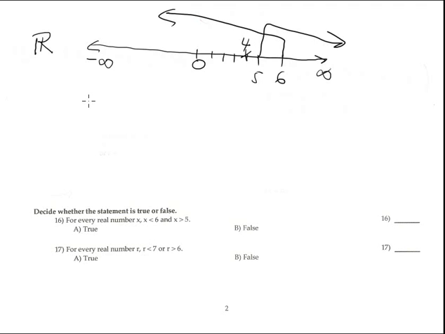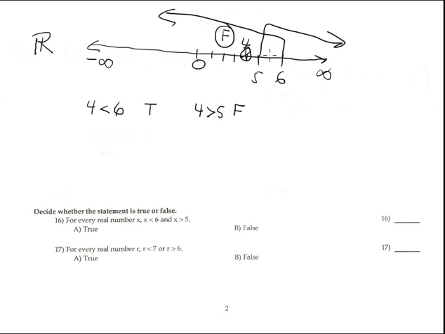Okay, 4 is less than 6. Yes, it's true. However, 4 is greater than 5? Oh no, it's false. Okay, in this case it is false. Here at least one is false, so the compound statement is false.